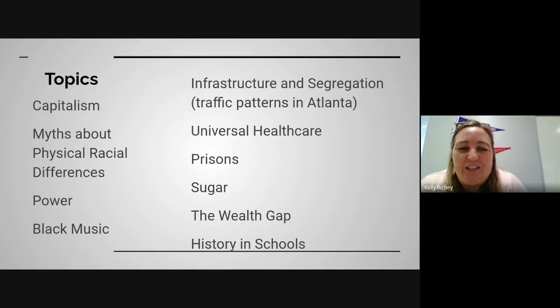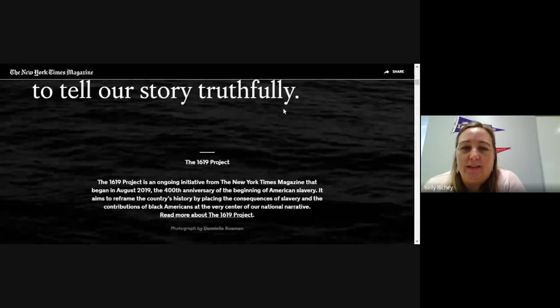There's an essay on universal health care, an essay on prisons and the prison system, an essay on sugar, that ingredient that we put in almost every single thing, that was driving the slave trade. There is an essay on the wealth gap, and there is an essay on the way history is taught in schools.